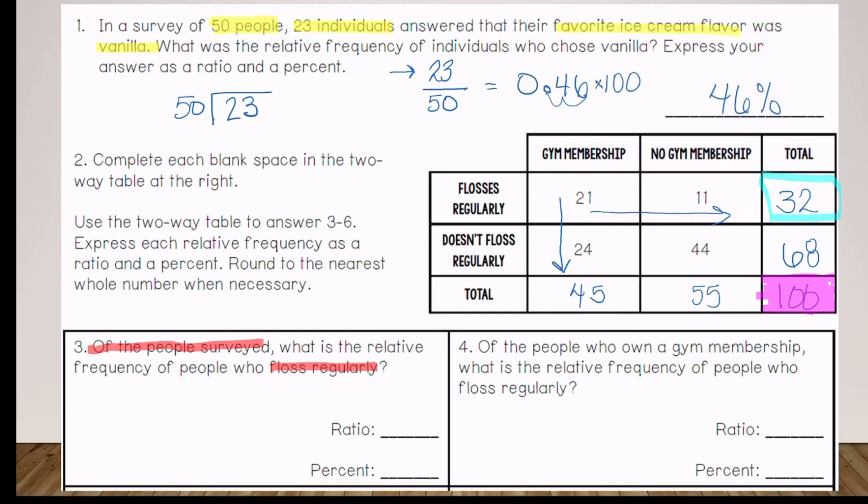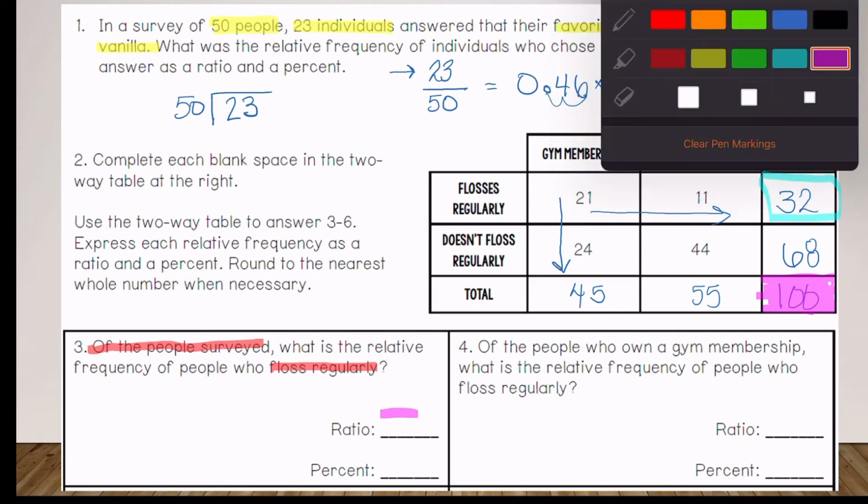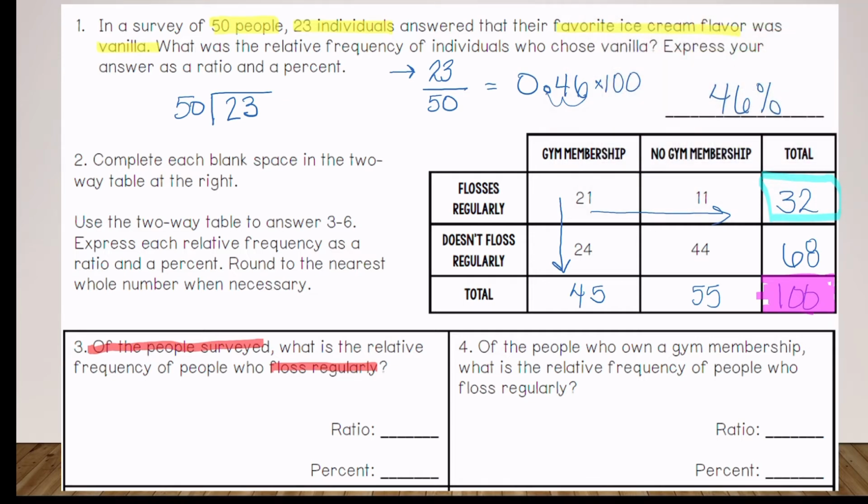So our ratio would be, let's erase this for a second so that we can go to pen, there were 100 people surveyed. 32 floss regularly. Now, if you know your percent aspects, anything over 100 is that percent. But you could do your calculator work. So this is 32%. Was a 32 out of 100? It's a 32%.